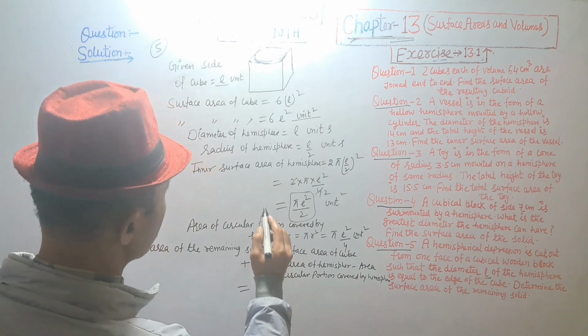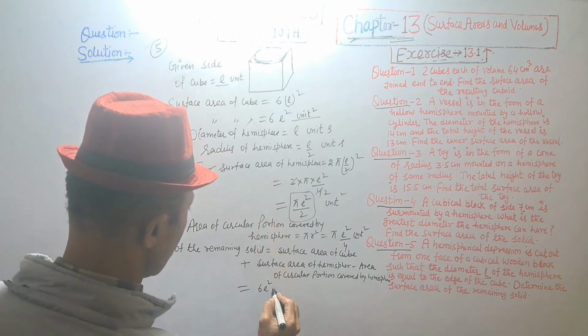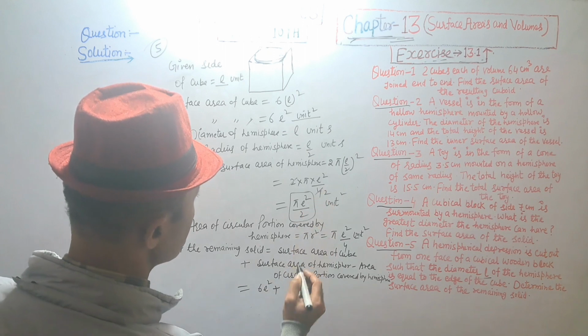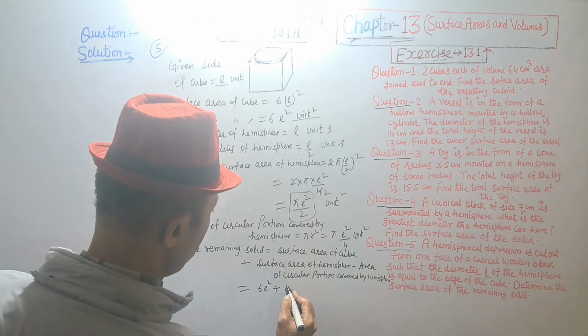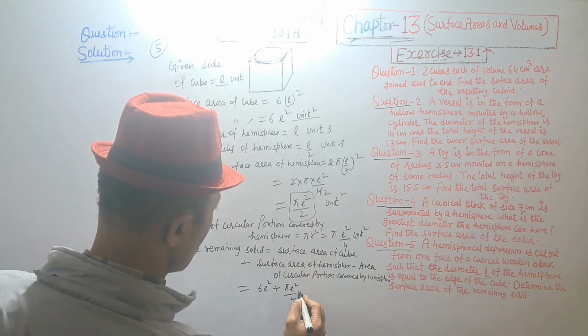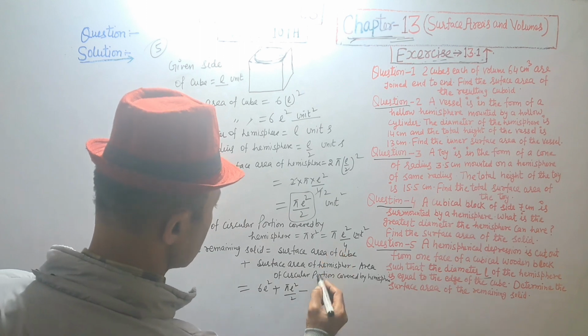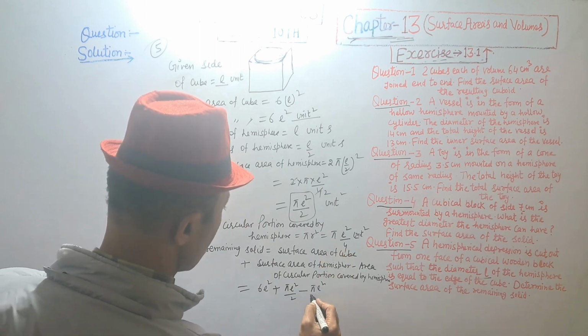That is equal to 6L square plus pi L square upon 2 minus pi L square upon 4.